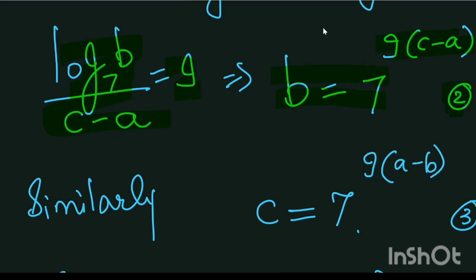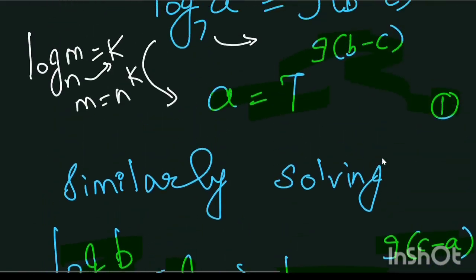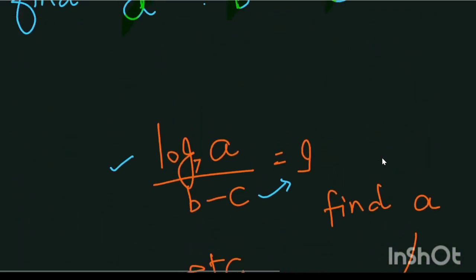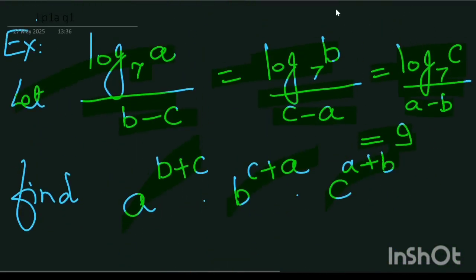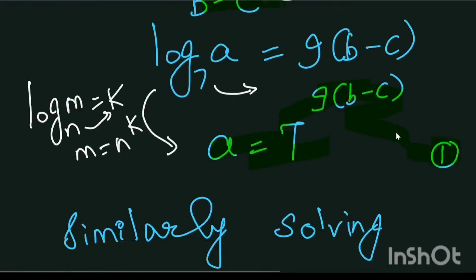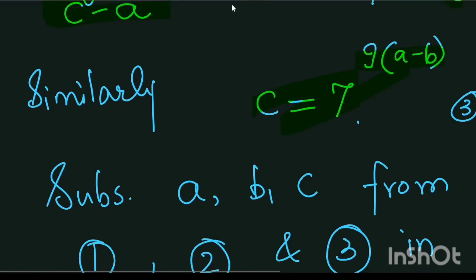So c came out to be this. From which equation? From this, log c base 7 equals 9 upon a minus b equals 9. So we got c, which is our third equation.